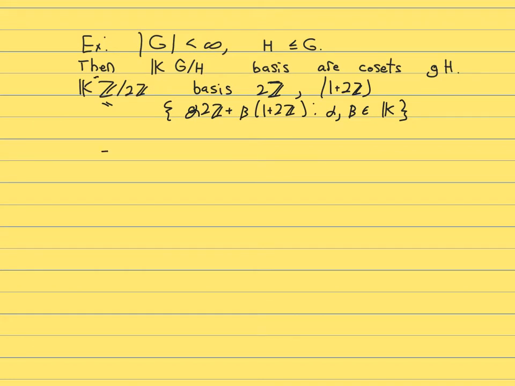Now remember, G acts on G mod H by doing this calculation. Earlier in the semester, we saw how that would give rise to a permutation representation. Well, since you've taken a vector space with this as its basis, you can extend by linearity.